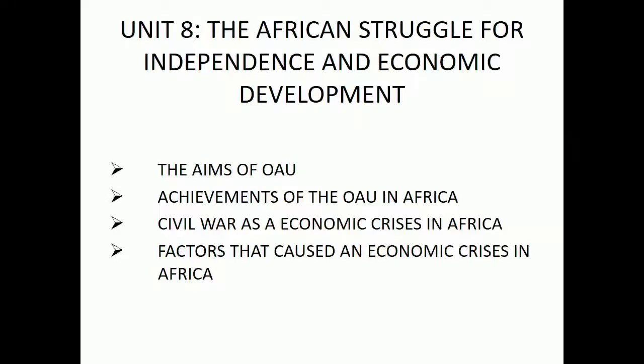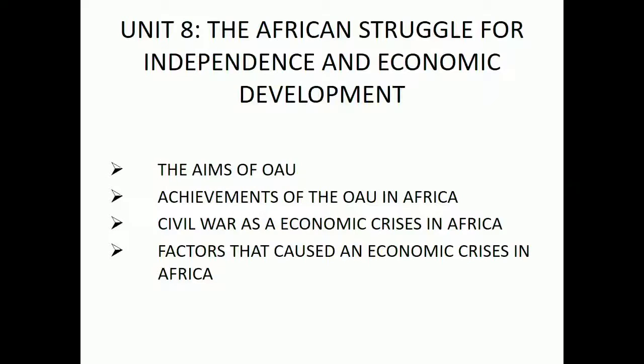Unit 8 is about the African struggle for independence and economic development. In Africa, we had a struggle for independence. Once we gained independence, we had a struggle, and we are having the struggle for economic development.